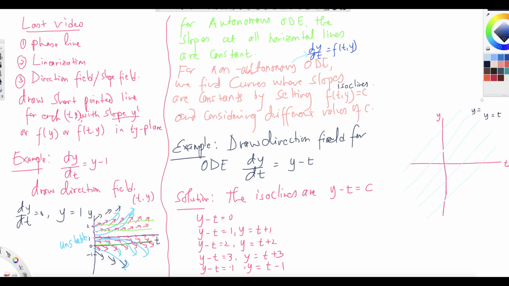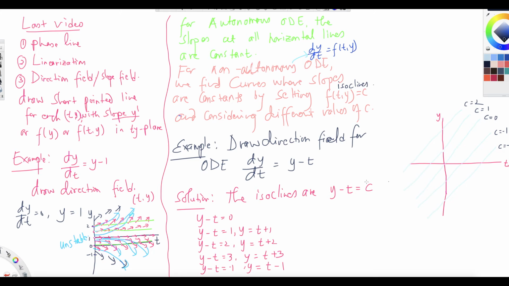I think it is easier if you write it this way: just write down c equals 0, c equals 1, that is the better way. So c equals 0, that is y minus t. c equals 1, c equals 2, c equals negative 1, and then c equals negative 2, like that.